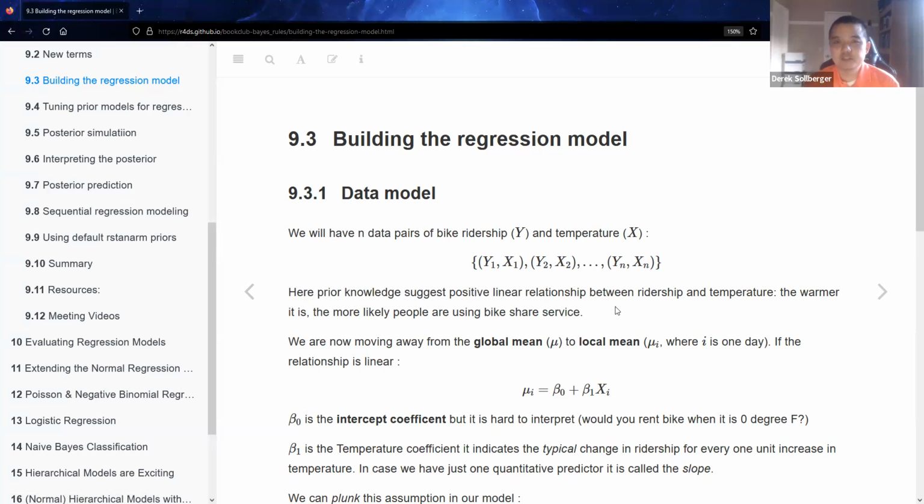That is, situations where a straight line, a linear graph, makes sense between the ridership and the temperature. And we have a hunch that the warmer it is, the more likely people are going to be using the bike sharing services.